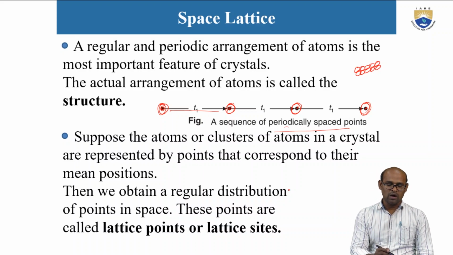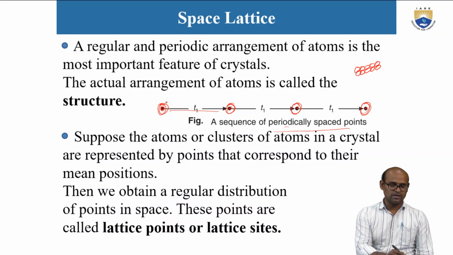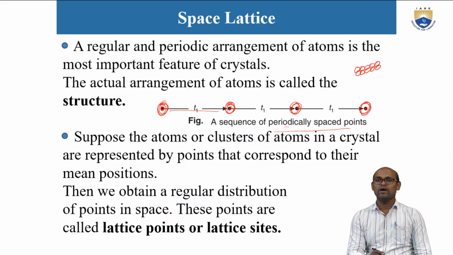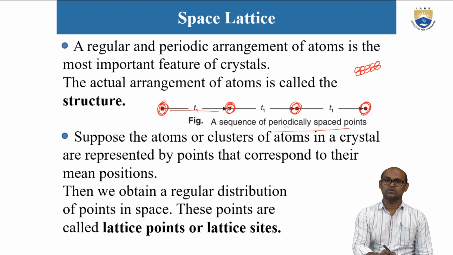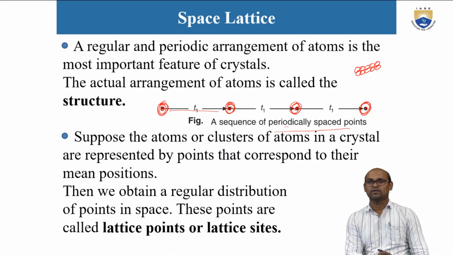Now, for example, I have a solid, and the solid contains many atoms. I represent the mean position of this atom by a lattice point, the mean position of this atom by a lattice point, and so on.